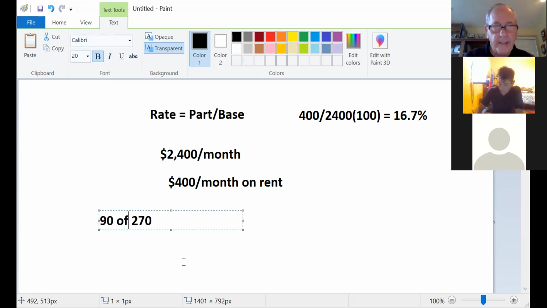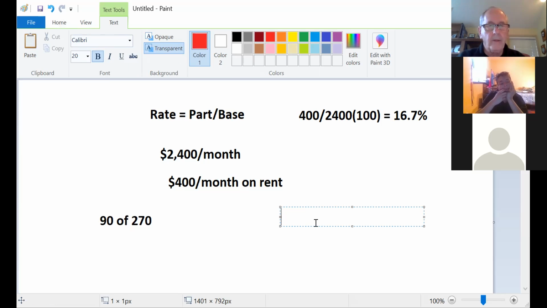How would I use that rate base equation up here? You put 90 over 270 and then times 100. Exactly. Okay. It would be like that. So 90 over 270 is 1 over 3. So it's 33.3% is what it would be.